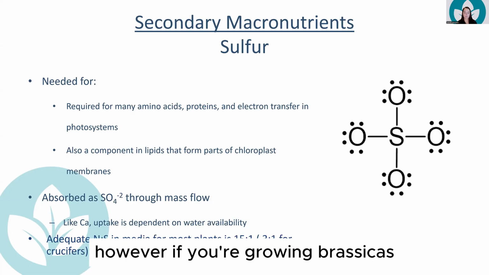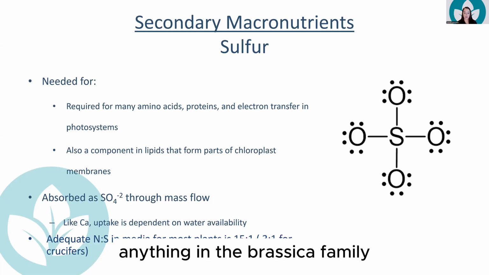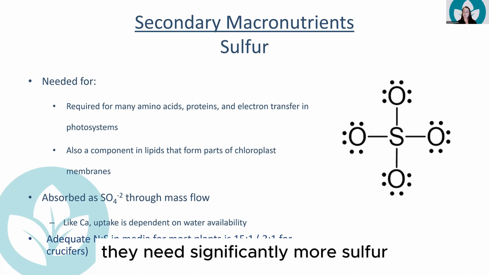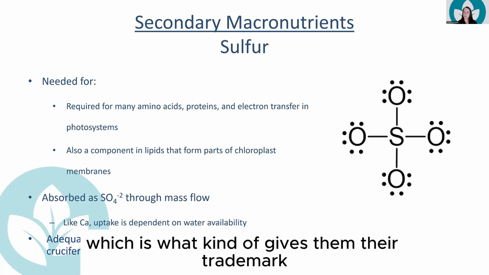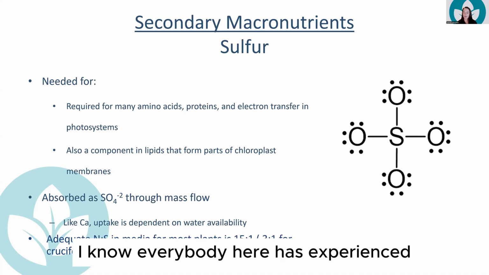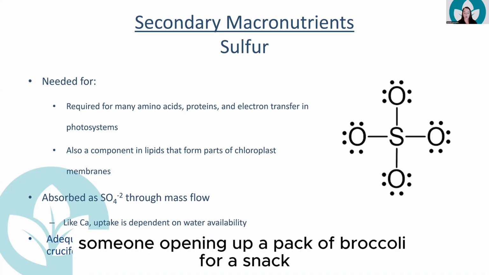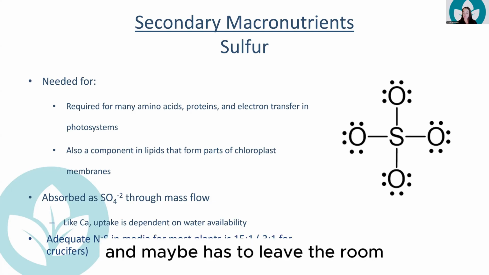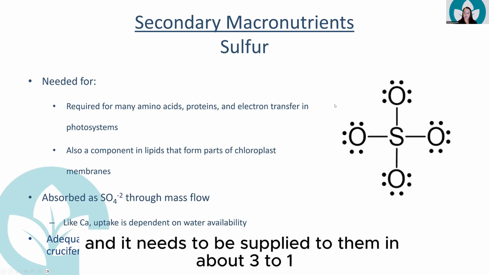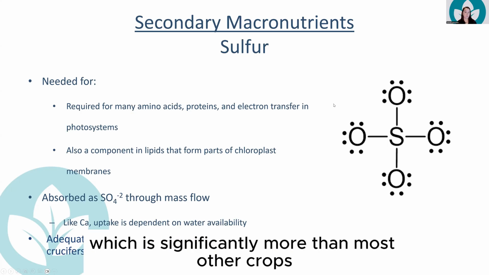However, if you're growing brassicas, anything in the brassica family, also called crucifers, they need significantly more sulfur, which is what kind of gives them their trademark bitter flavor, and you can kind of smell them sometimes. I know everybody here has experienced someone opening up a pack of broccoli for a snack and maybe has to leave the room. That's because of the sulfur content in those plants, and it needs to be supplied to them at about 3:1, which is significantly more than most other crops.